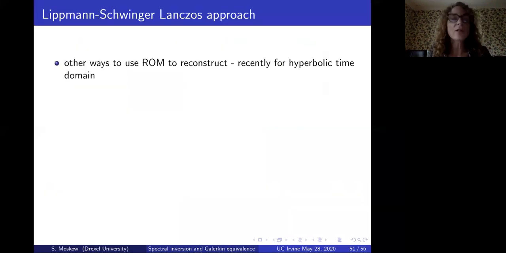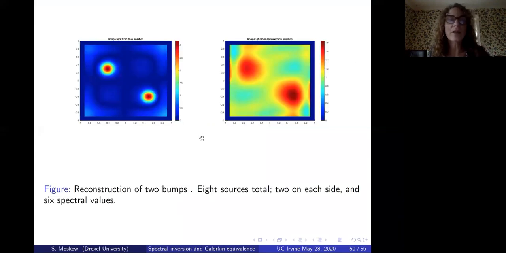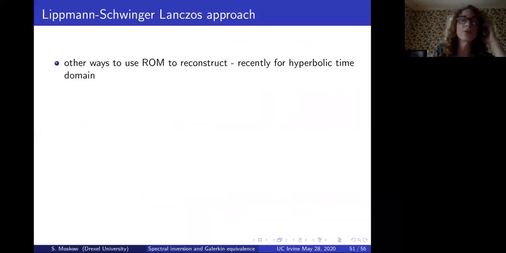So I also want to talk about now other ways. Because these internal solutions are nice to have, but taking the Laplacian is not necessarily the best way to compute Q, given that one has the reduced order model. So there are other ways to use the same reduced order model, for example, the one that I talked about here, to reconstruct the unknown parameters.